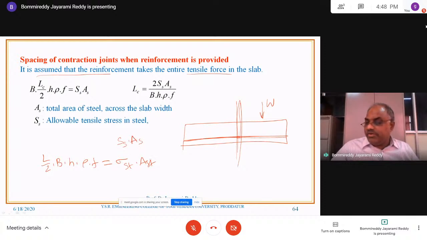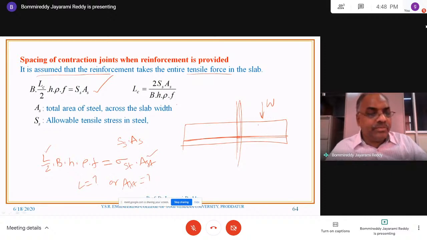From this you can find out how much quantity of Ast is required, or otherwise what is the spacing of the contraction joint L. Either you can find out the L value or the Ast value or any other parameter based on this. Here also, don't memorize this formula. You need to understand the original concept. From the original concept only, you have to develop the formula when it is required in the examination.